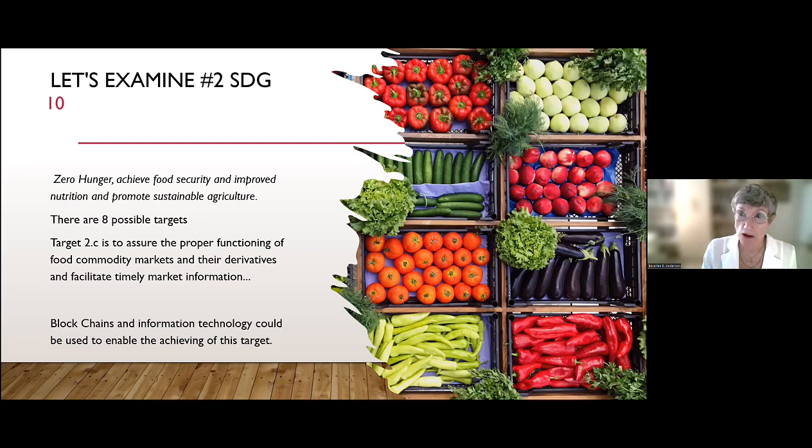These could be wonderful ways to implement AI in achieving target 2C. The only negative I could see was possibly corruption, if someone tried to corner the market on this, or if someone wanted to disrupt the flow of information. But corruption is something that we're all going to have to contend with as we introduce AI.